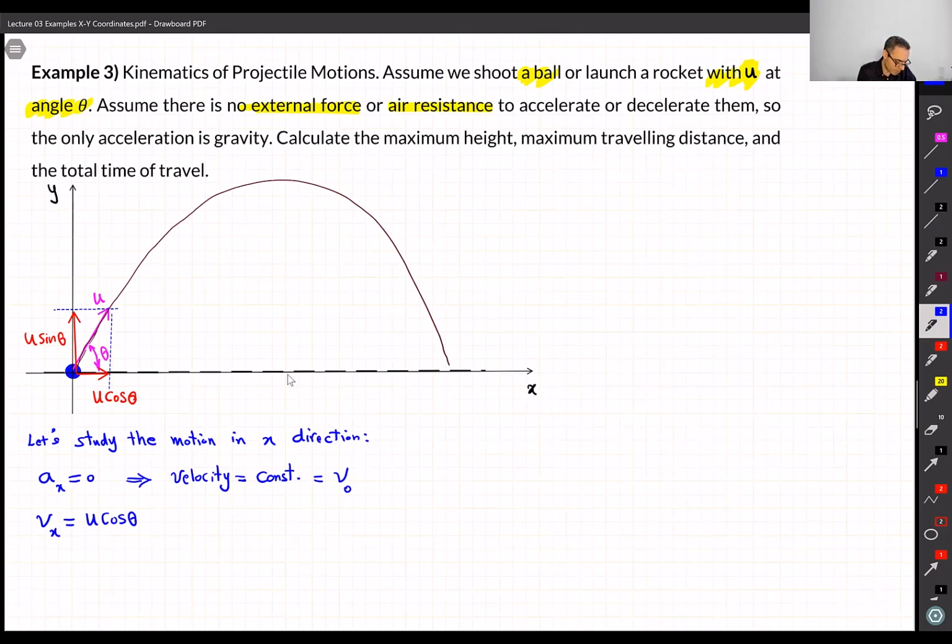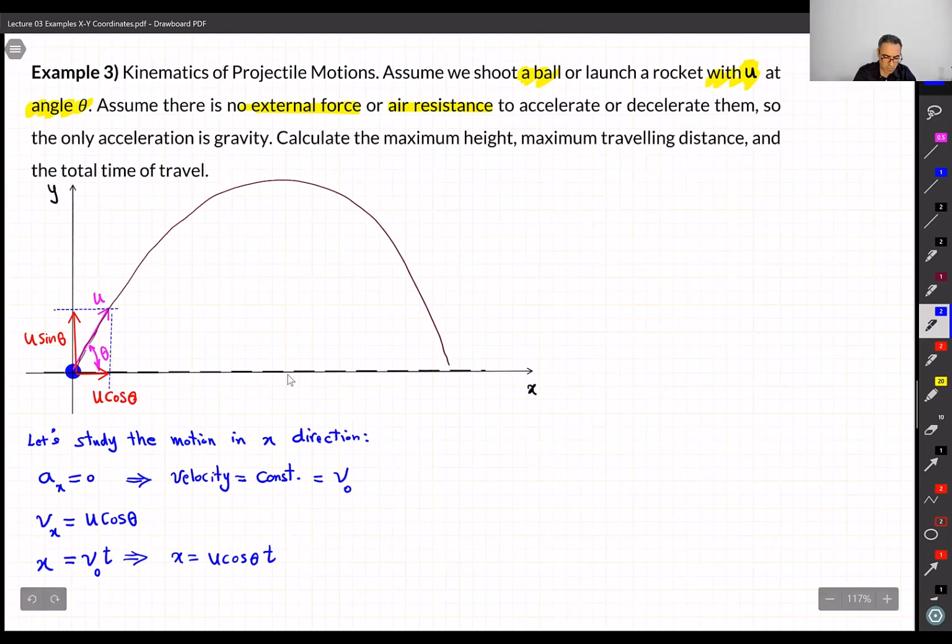And what about position? So remember, always we said we study acceleration, velocity, and position. So we remember again from last lecture, if velocity is constant, right, then X is simply V0t, which here for us, V0 is U cosine theta. Let me write it down like that. So then from here, simply we'll write down X is equal to U cosine theta t.